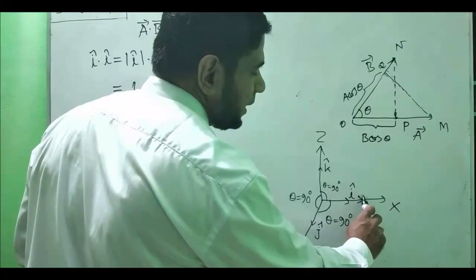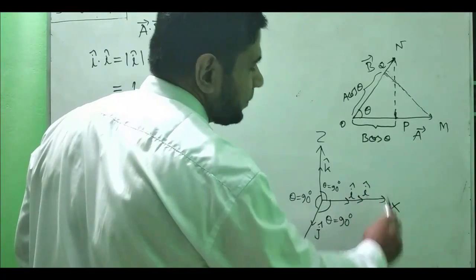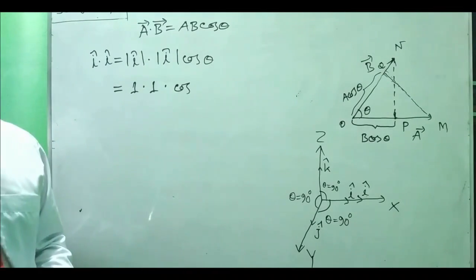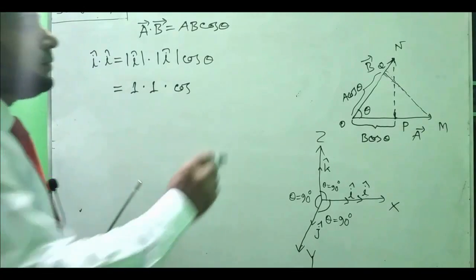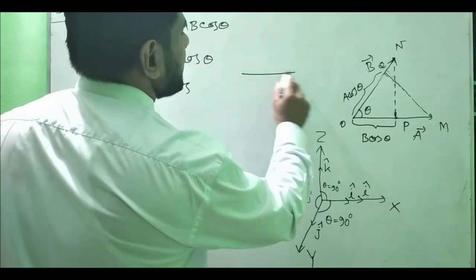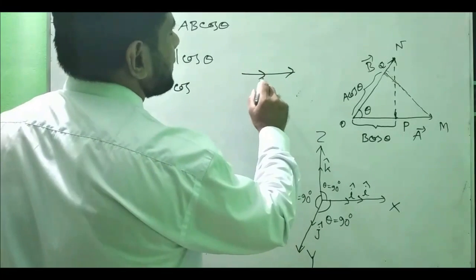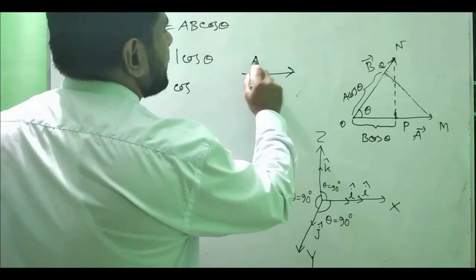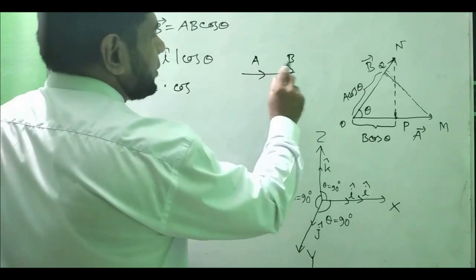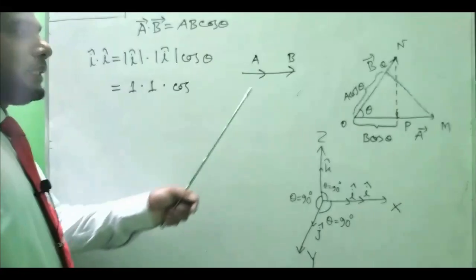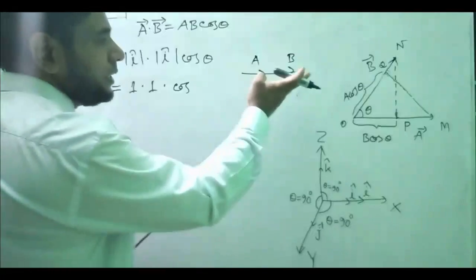Suppose along the x-axis there is acting I cap, and let us take another I cap. In this case, especially for weaker students, there is important information: there will be no angle if two quantities act along the same line. Suppose here A and B, and here A and B, two quantities acting along the same straight line and in the same direction.